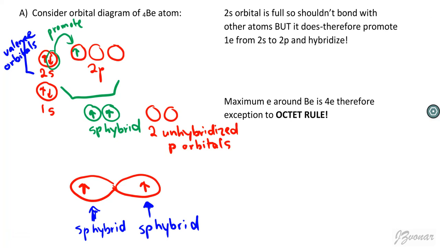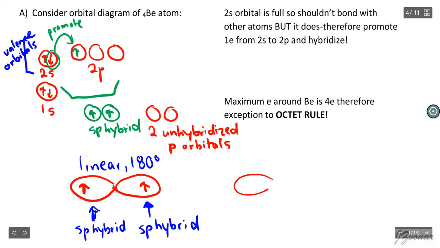The shape of this is linear, so that's very important to know, and it's 180 degrees. This ties in with our VSEPR theory. Now, when this beryllium sp hybrid comes into close proximity to two hydrogen atoms, they will overlap.